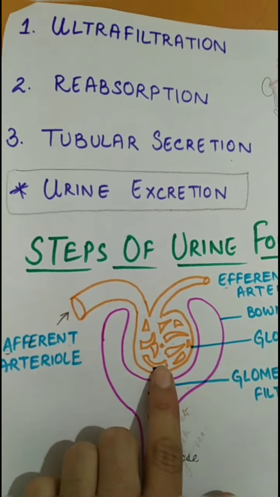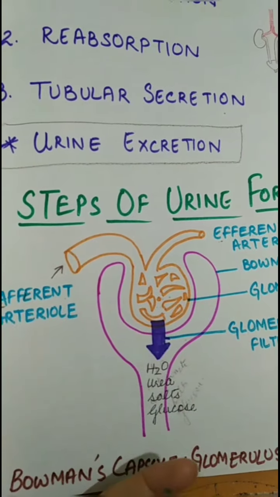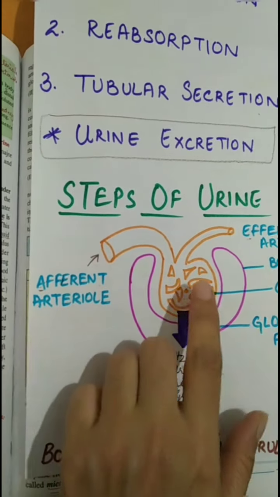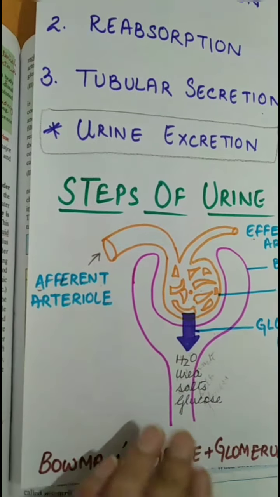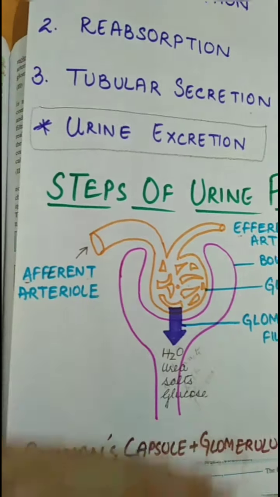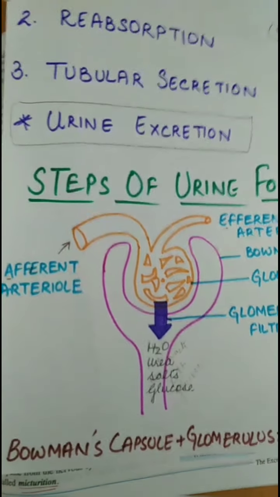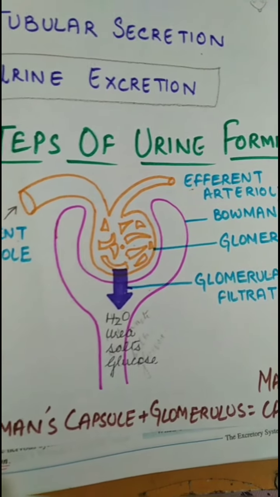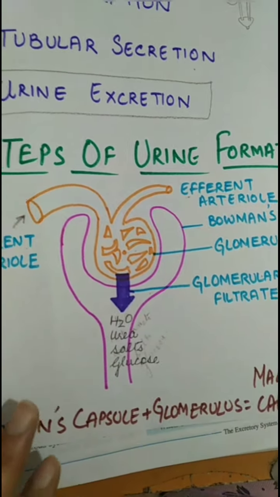Now what happens here? Glomerulus is the place where the filtration of the blood takes place. From here, water, urea, salts and glucose, all these materials move outside into the cavity of the Bowman's capsule.